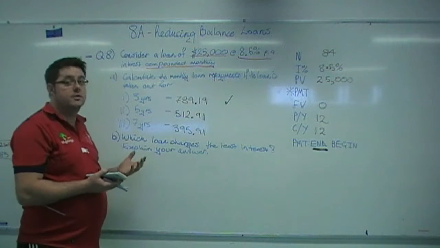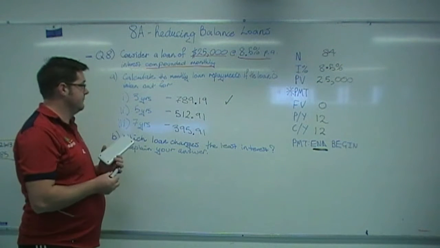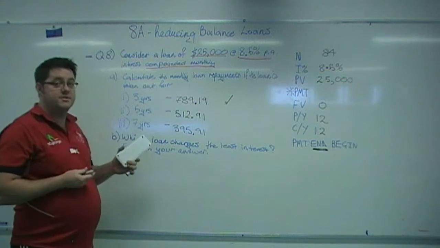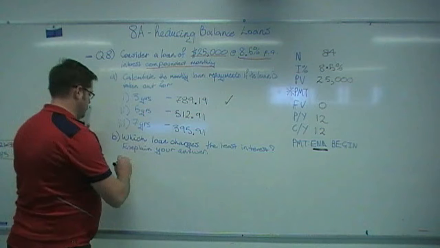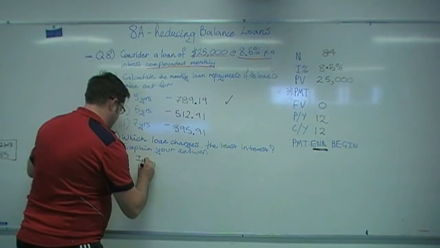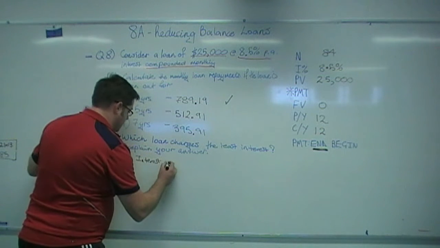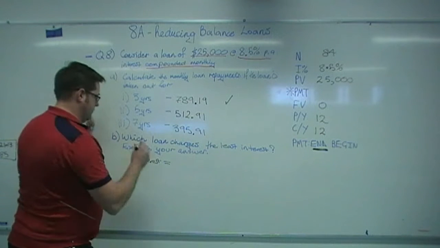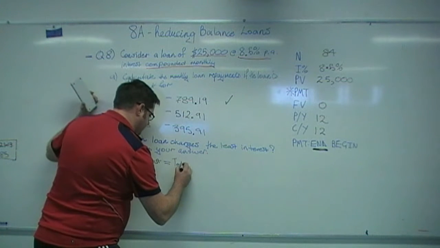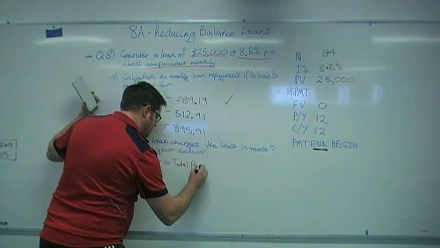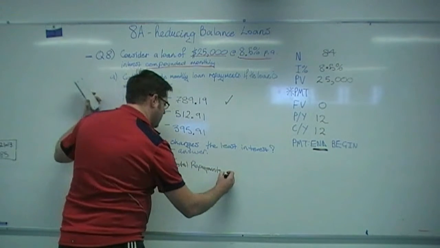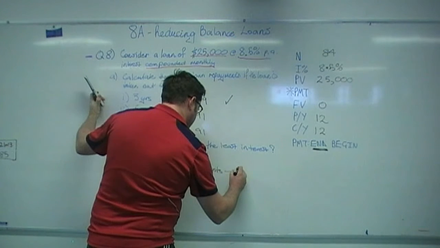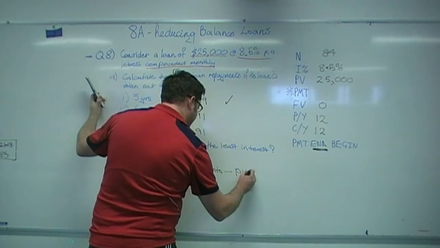Now, we could go and solve the maths if we wanted to. And we do that much the same as we did in the previous question. So, we could say interest equals total repayments minus the present value.